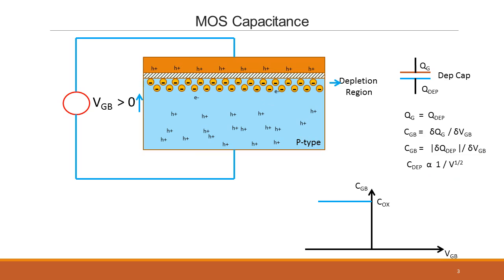Right? So the capacitance starts to fall, because it's only the depletion region which causes the capacitance. And you see that's 1 by square root of V. As V increases, square root of V increases, so 1 by square root of V reduces. It just reduces here. Okay. Hope that's clear.